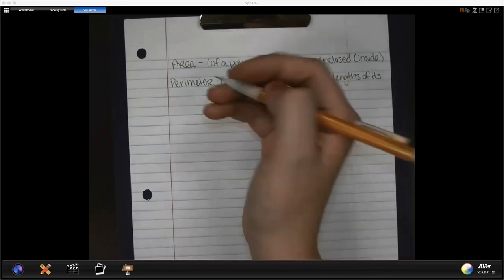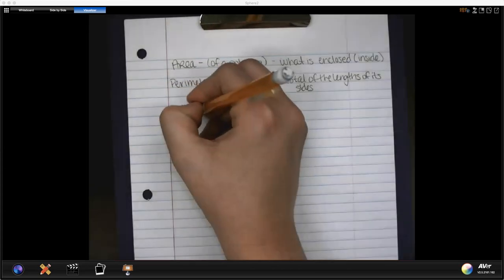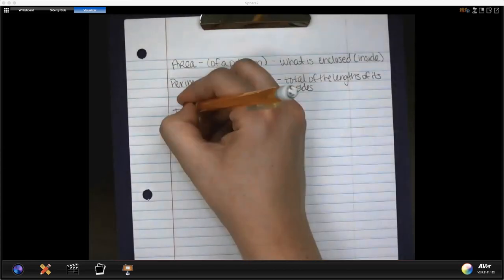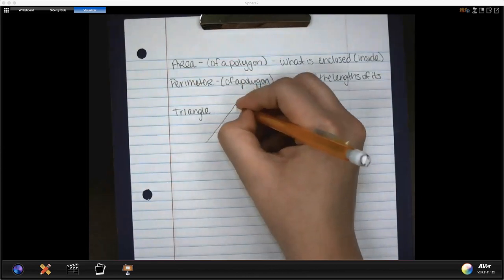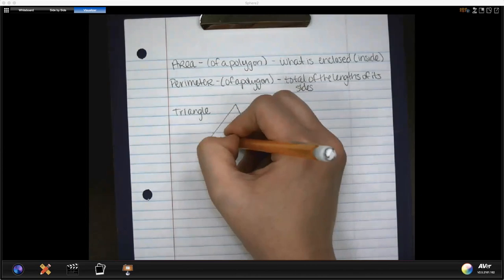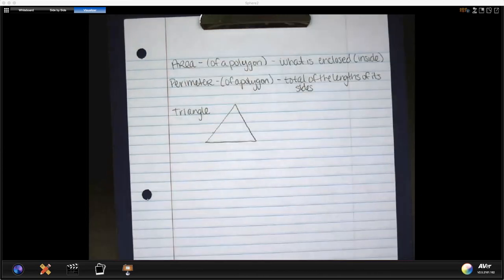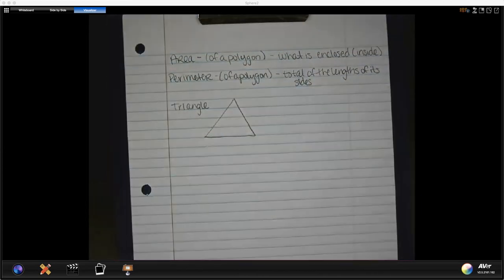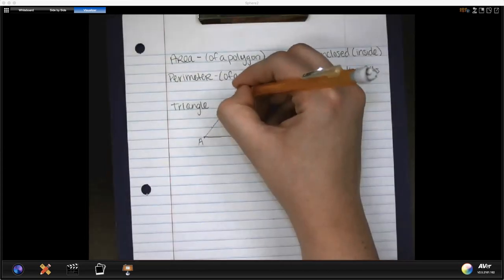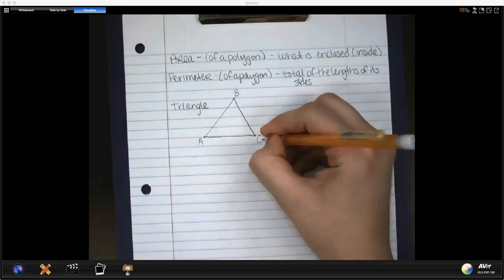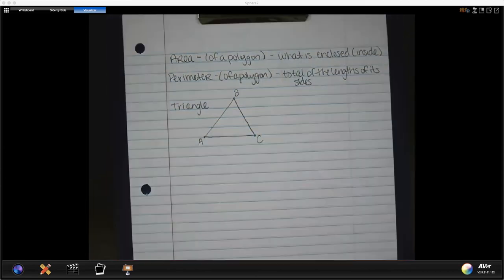The first one is triangle. Anyone remember what the area of a triangle formula is or know what it is in general?